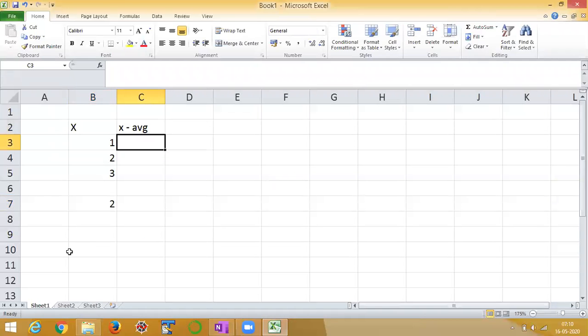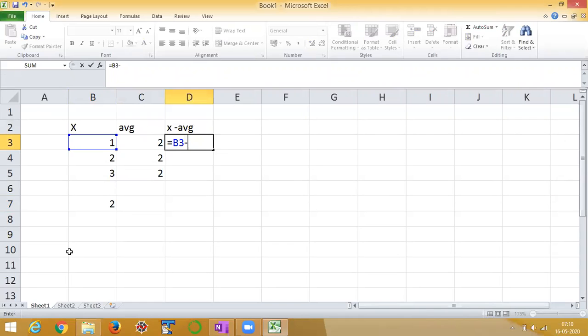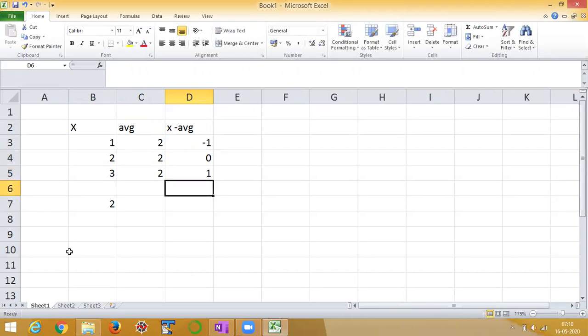Your average value is 2 for all the data points. So I want to calculate x minus average. If you look at it like this: 1 minus 2, again 2 minus 2, again 3 minus 2. These are the deviations from the center.